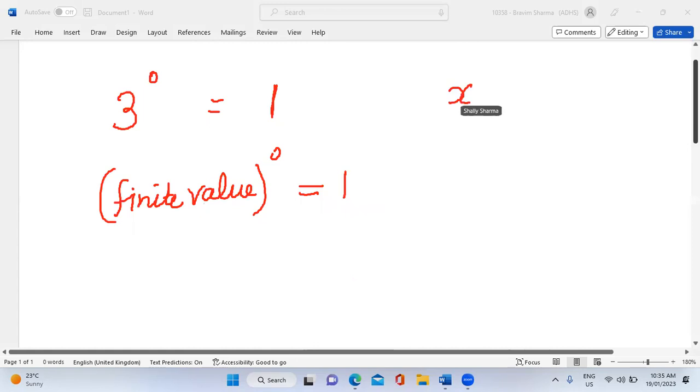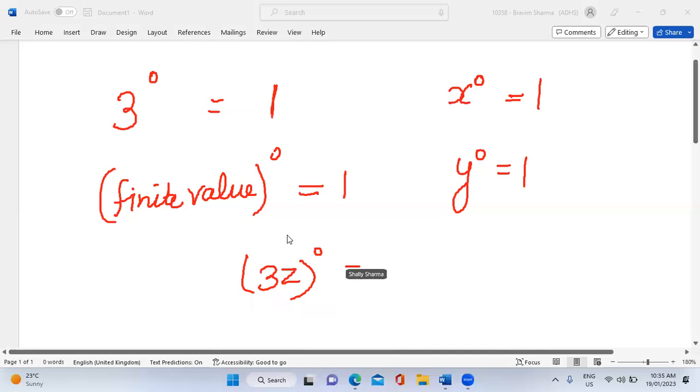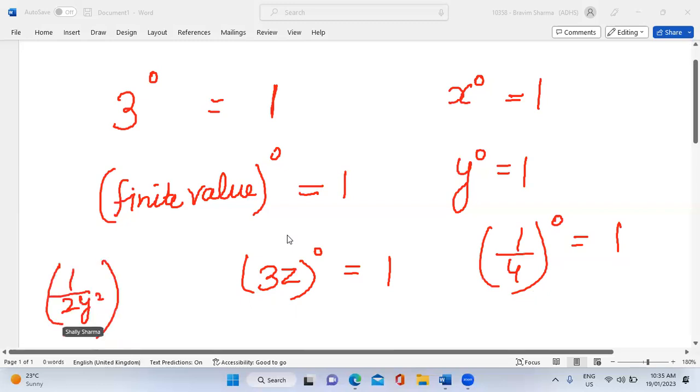If you take x to the power of 0, that is also 1. y to the power of 0 is also 1. 3z raised to the power of 0 is also 1. 1 over 4 whole raised to the power of 0 is also 1. 1 by 2y square whole raised to the power 0 is also 1. So any finite value, if you take its power 0, is 1.